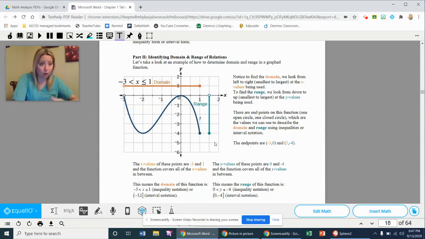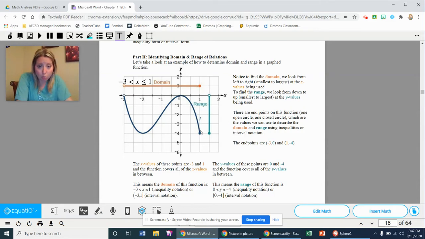Range is lowest to highest for y values, so it goes down to up. So your endpoints may not necessarily hold the lowest and highest y values. So you have to be a little bit more careful with range. The endpoints don't necessarily indicate what the lowest and highest y values being used are. In this particular case, they do, which is nice.